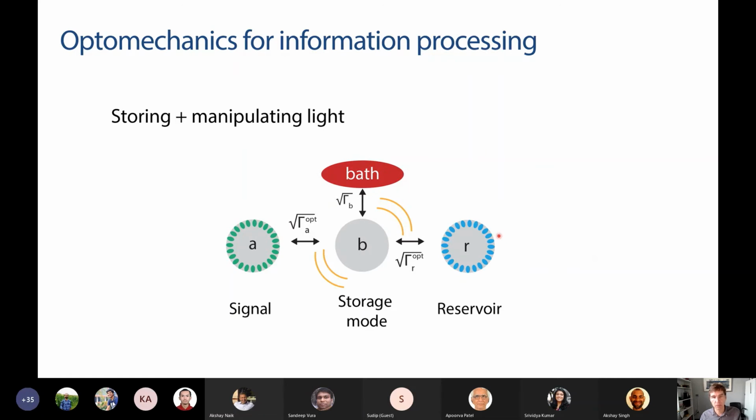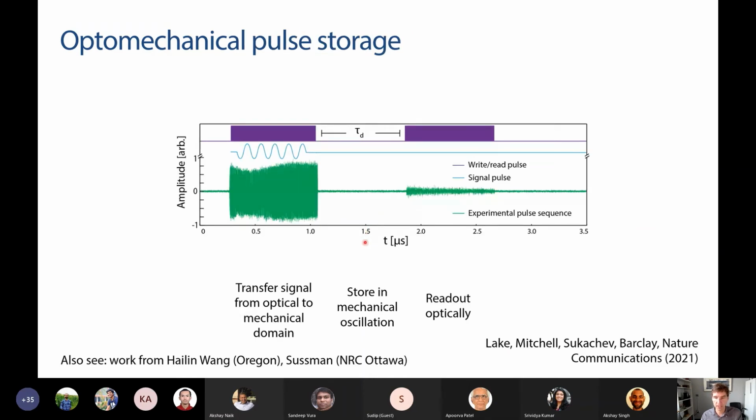And as I mentioned, we then showed how we can couple this to a second optical mode, which we can use to re-amplify that stored information, or those phonons, as well as manipulate their dynamics. Okay, so this is our first demonstration of implementing this process.